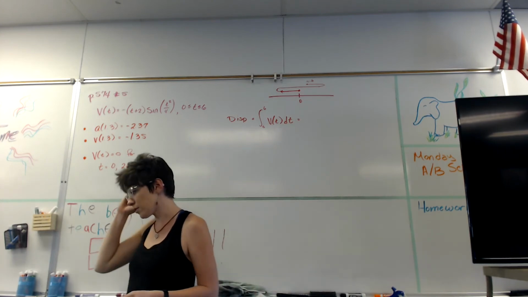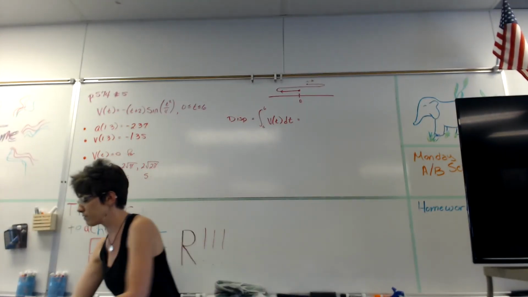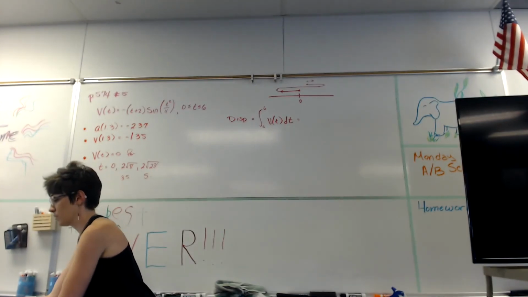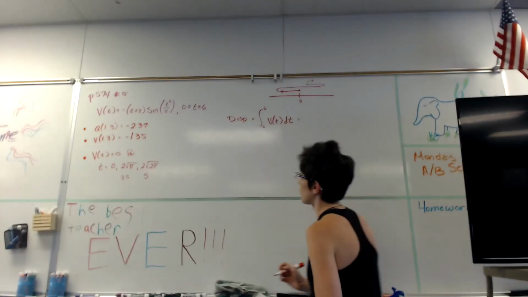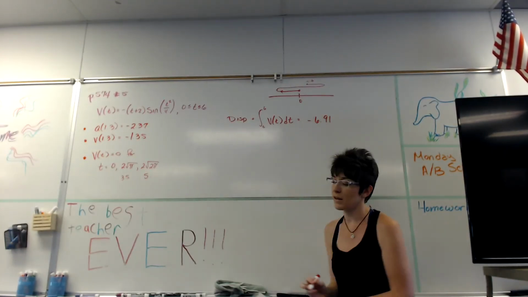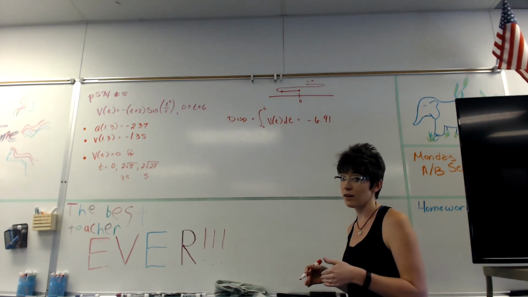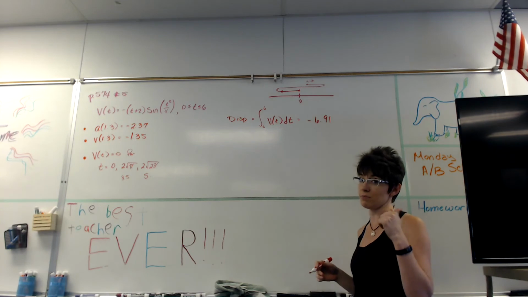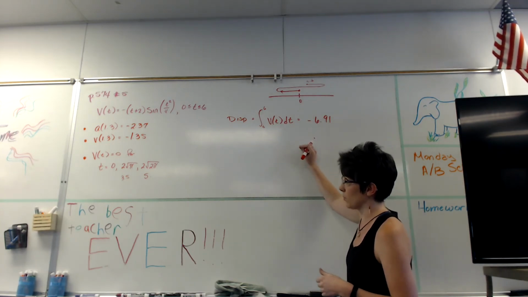But when you hit enter and you get your answer, you should get something along the lines of a displacement of negative 6.91. So what that means is that based on where the particle started, it's now almost 7 meters backwards from where it started. So that's what a displacement would mean.